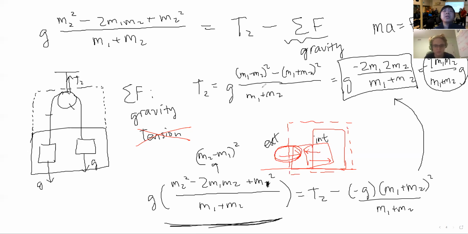Oh right, this is supposed to be m2 minus m1. Does that change anything? So if you add, you get 2 m2. If you subtract, you get, hmm, or was this supposed to be negative?